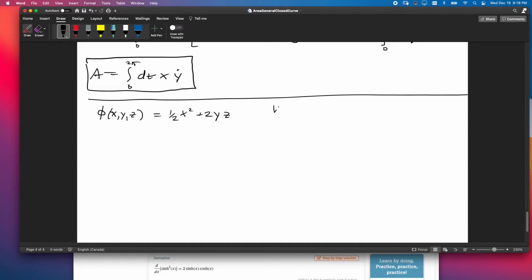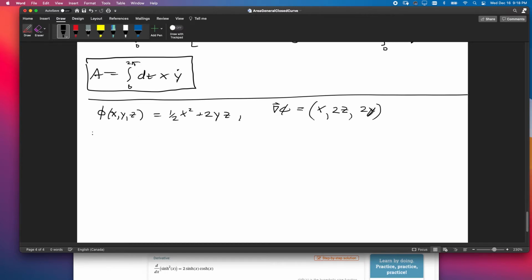So the gradient of phi is equal to x, 2z, and 2y. That's a y.